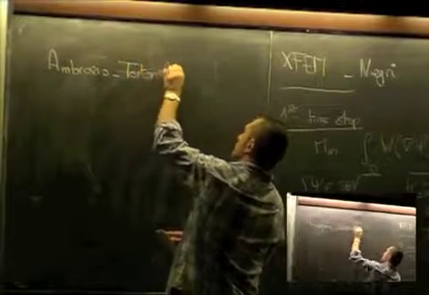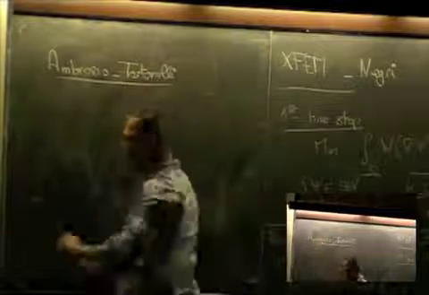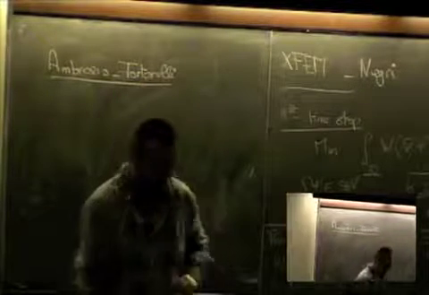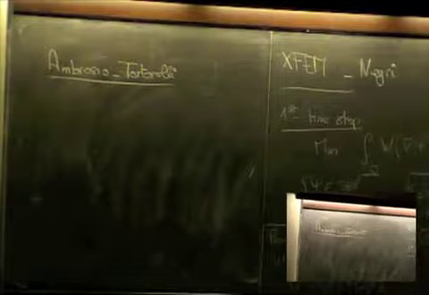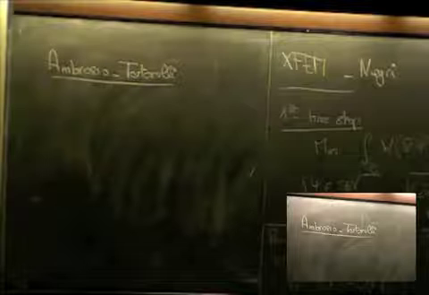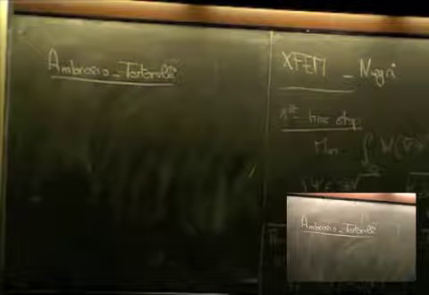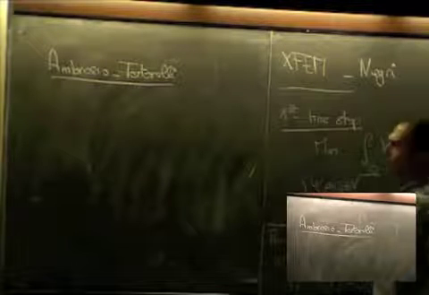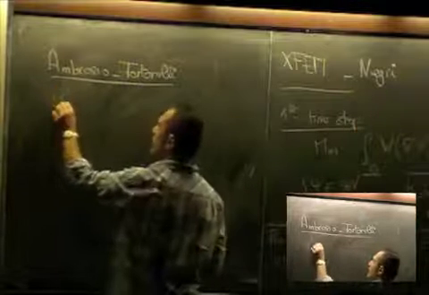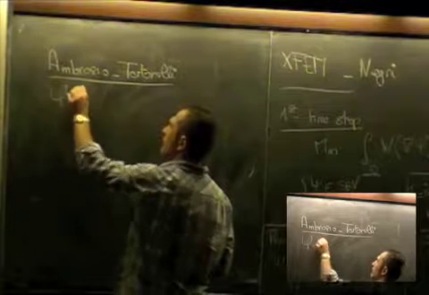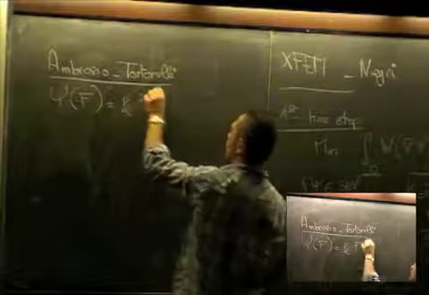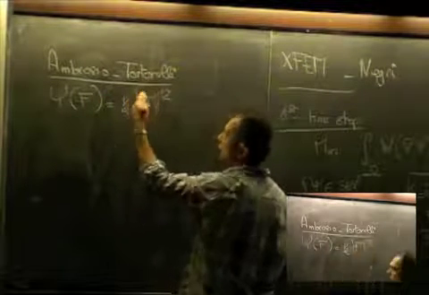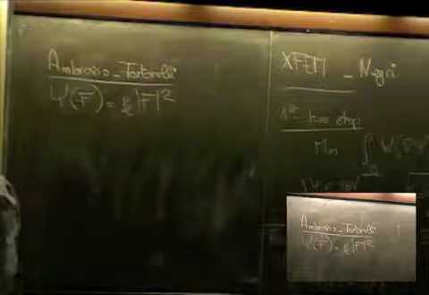And it says the following. You can write it in any context, but for now, for what concerns us today, I'll write it in the case where psi of f is 1/2 of f squared, or maybe you can put some coefficients if you want.